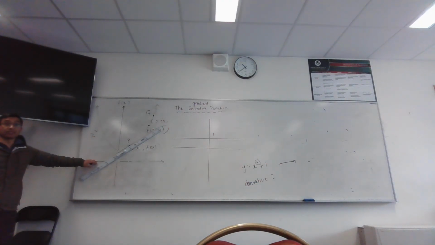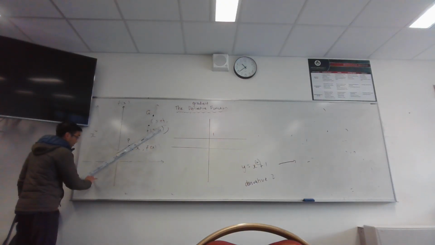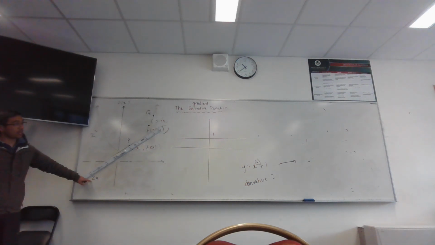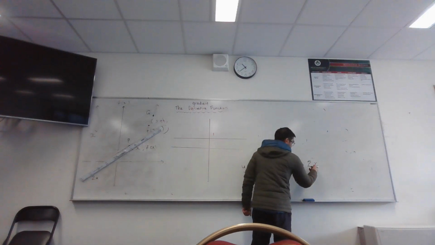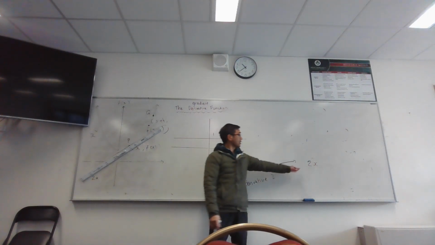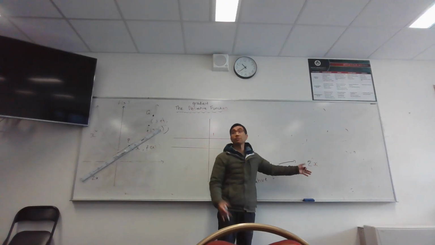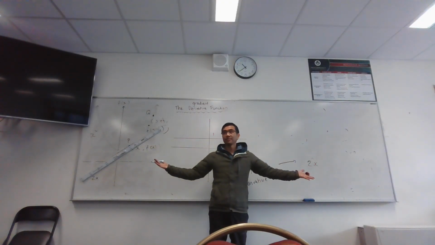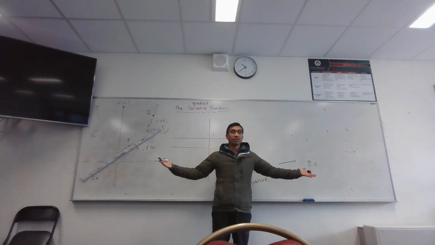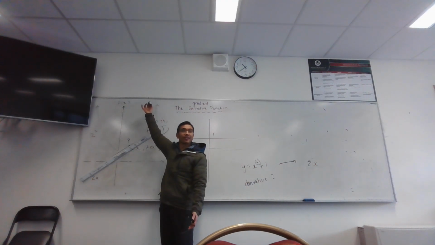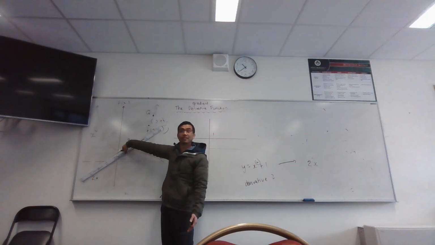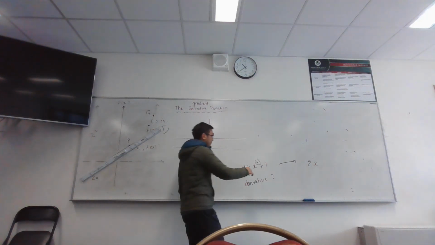The tangent, when we derived it, became a line, 2x. 2x is what type of equation? It's a line. When we derive quadratics, they become lines.